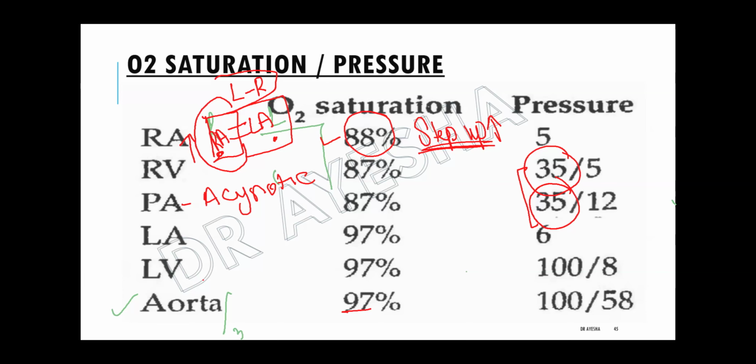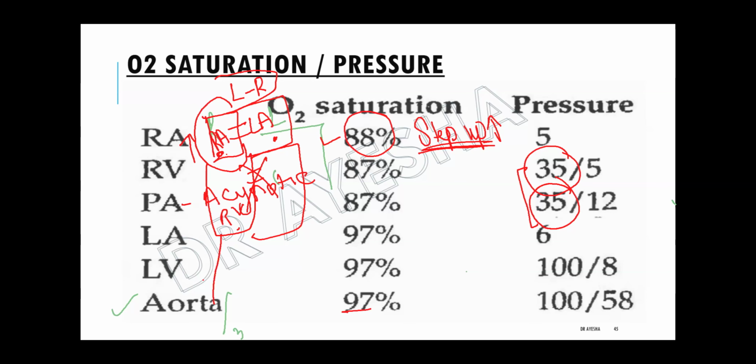Because the right ventricle is receiving the same amount of blood, I cannot assume any connection in between. From the right atrium into the right ventricle there is no change, so there is no shunting across the ventricle.